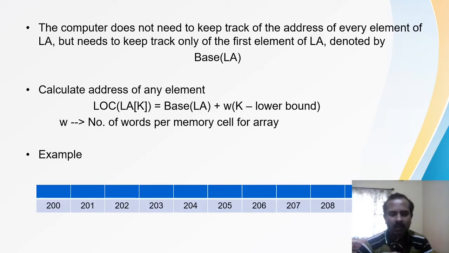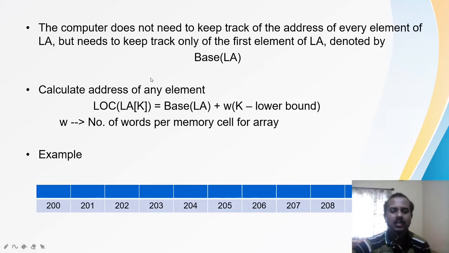For example, if I want the second index element, your compiler or your computer is going to calculate that memory address, and after it gets the memory address, then it will go and fetch the value present in that memory address.